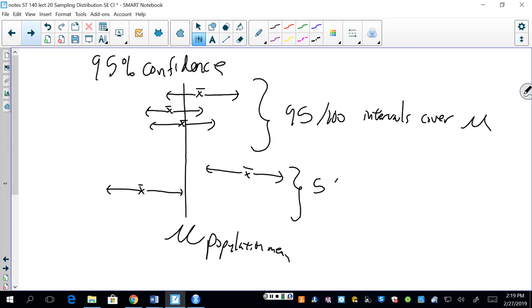But about 5 out of 100 don't. Just by chance, you get sometimes out in the extreme high or extreme low of every distribution, and that includes the sampling distribution. So you just miss a little bit. Right? But the procedure is designed so that in the long run, you're doing pretty good summaries. Right? You get your estimate, plus the statistical uncertainty about it.